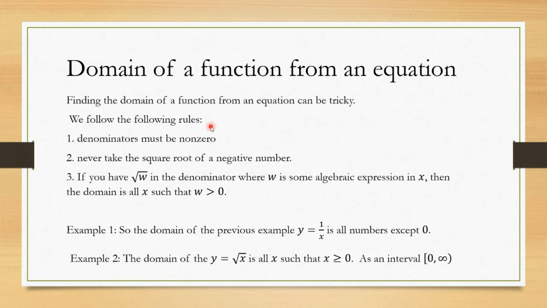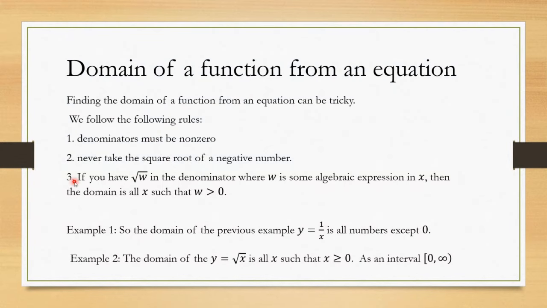So if you have an equation and it defines y as a function of x, you can still get the domain. You could get the domain from the graph, but you can also get it from an equation. Namely, you follow these rules that I have here, although 3 is really a special case of 2.